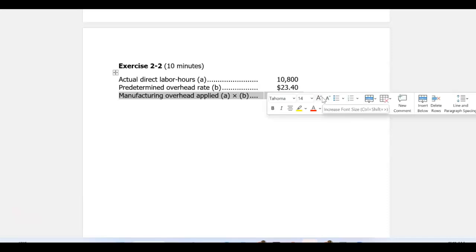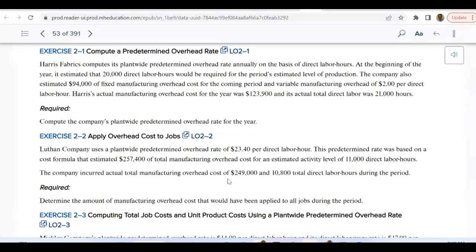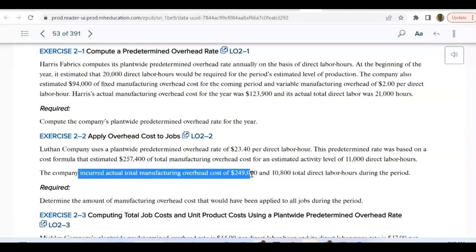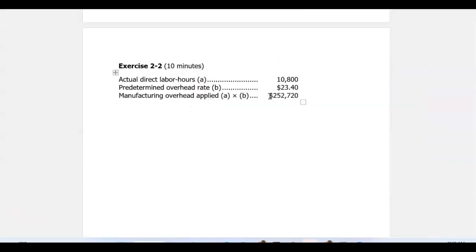That's what has been already applied, $252,720. So if you read the question, it says the actual cost was $249,000, the actual. And here you see we applied 252. So we applied a little bit more than 249.